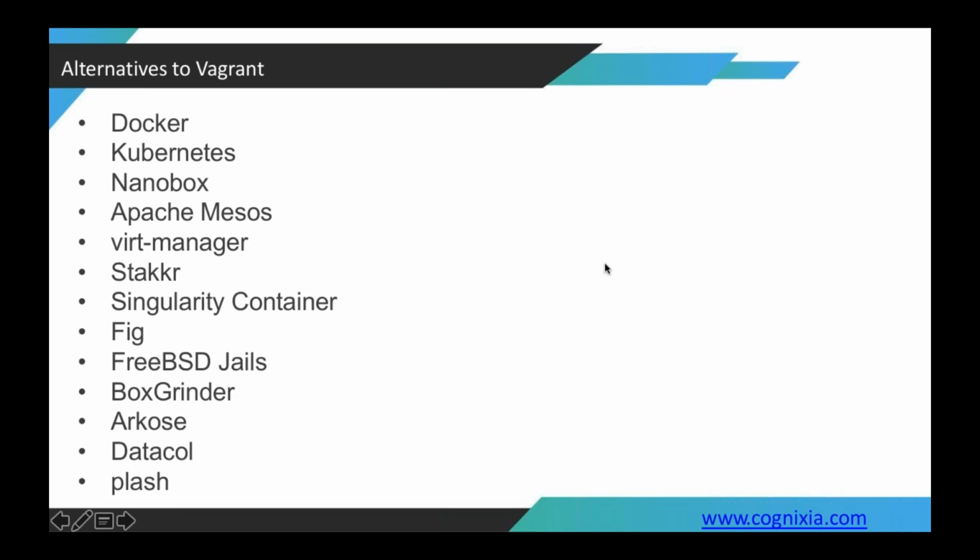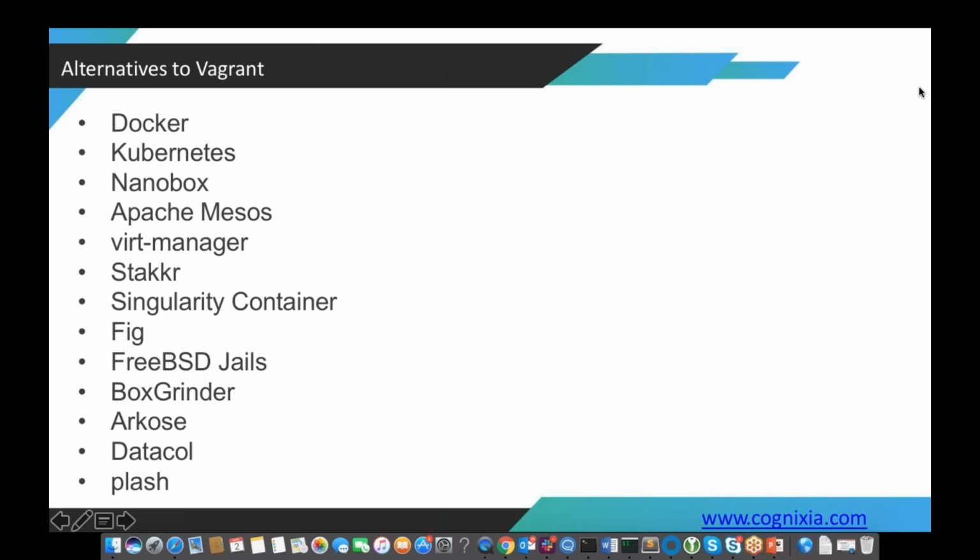So what are the alternatives to Vagrant? Similar to Vagrant, not exactly the same way, but the purpose can be the same. We can use Docker. What is the main difference between Vagrant and Docker?